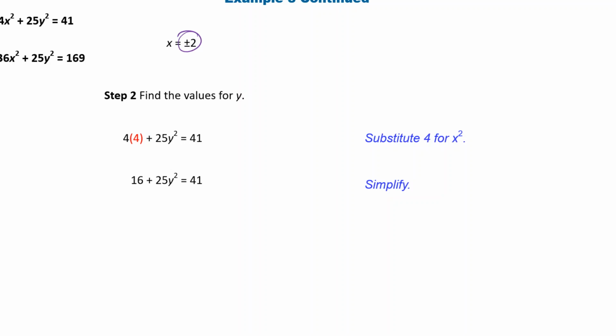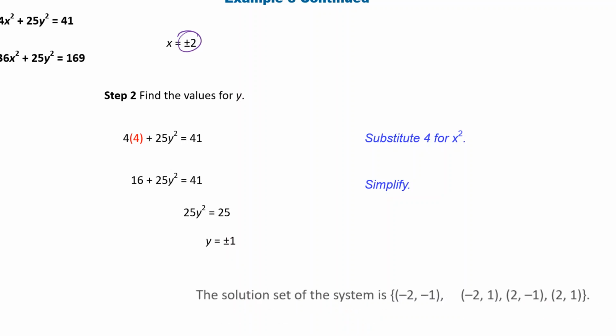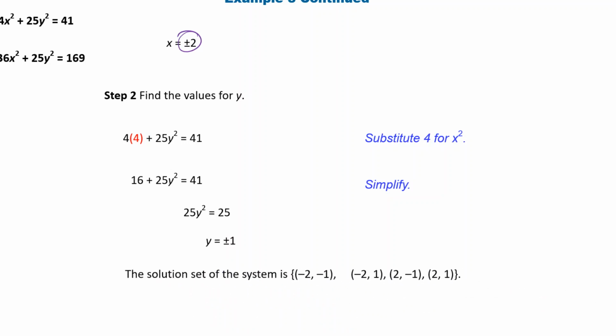We got 16 plus 25y squared equals 41, and now just simplifying some more, we end up with y equals plus or minus 1. So I had a 2 and a minus 2. All right, and I also have a plus or minus 1. So here are all my answers: -2, -1, -2, +1, +2, -1, and +2, 1.